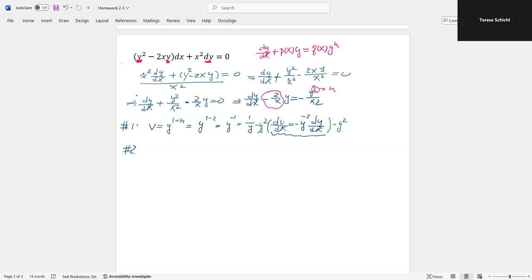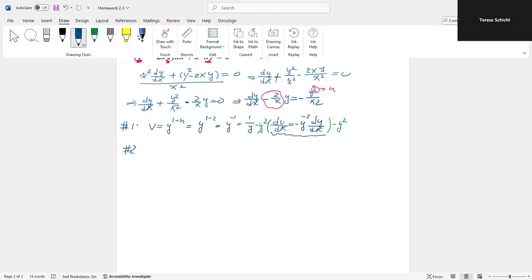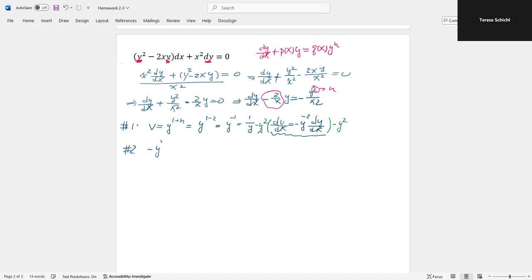So let's go ahead and try to do that. So times negative y squared. So I will have negative y squared dv/dx is equal to, negative y squared times negative y to the negative 2 is simple, so this is dy/dx.